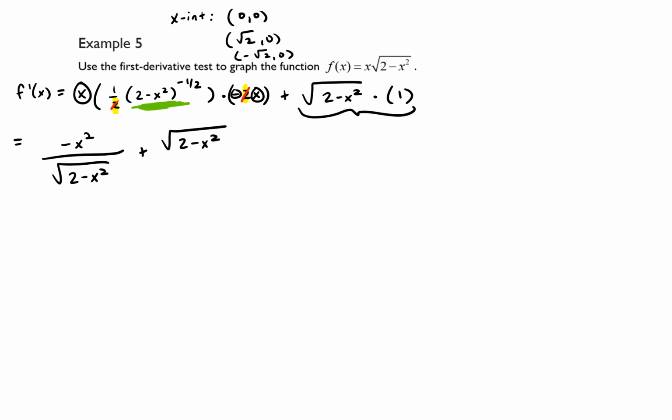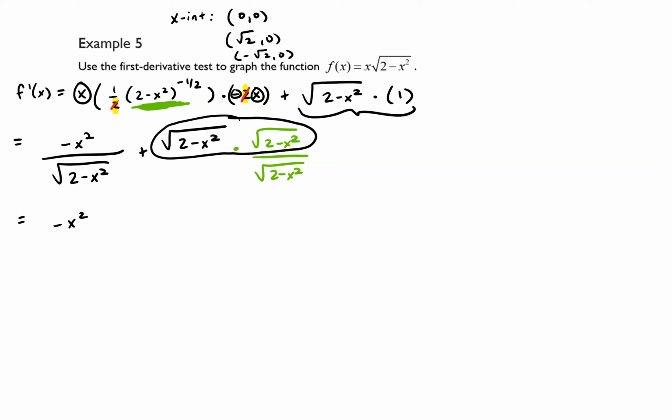What I want to do now is find a common denominator. So I'm going to multiply this thing here by the square root of 2 minus x squared so that both of those terms will have the same denominator. If I do this, then I'll get negative x squared, and notice that these are the exact same thing.